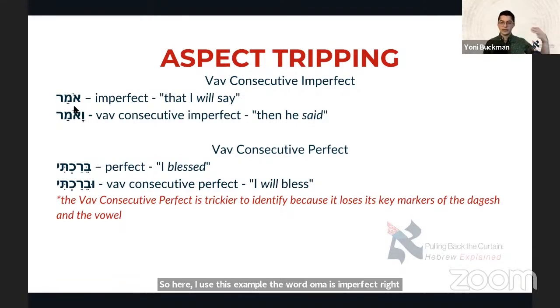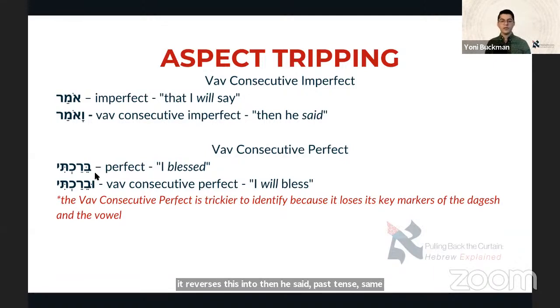That I will say, like future tense. And if you're talking about this as a step in a past process, you add the Vav consecutive, but you keep the imperfect form. So this is called the Vav consecutive imperfect. And then it switches, right? That hefech, lahafuch, is to flip, right? So it reverses this into then he said, past tense.